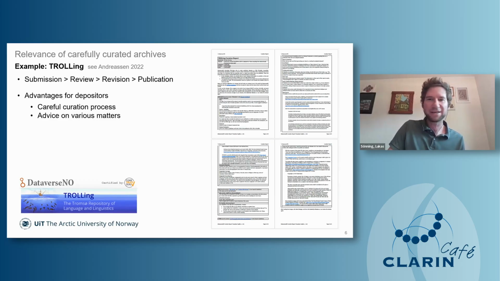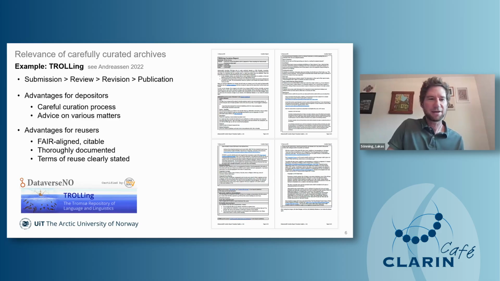And in this case, this turned out to be particularly helpful because, for instance, formulating terms of reuse was quite intricate for this set of data. There's advantages there for reusers as well because TROLLing enforces quality standards and pays attention to FAIR alignment, a thorough documentation, and so on.